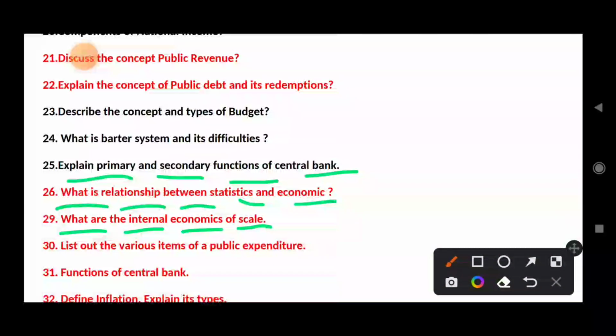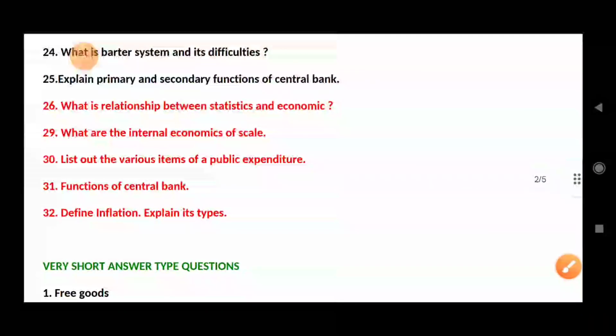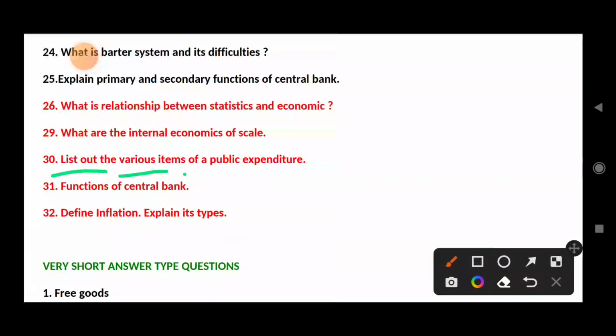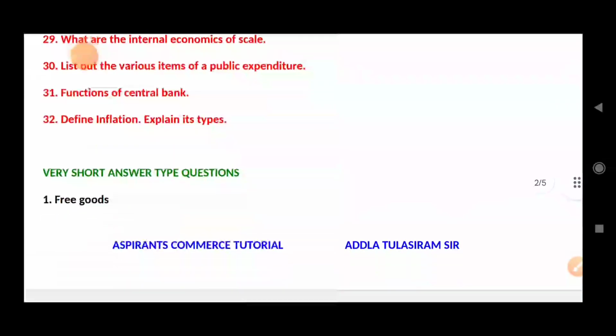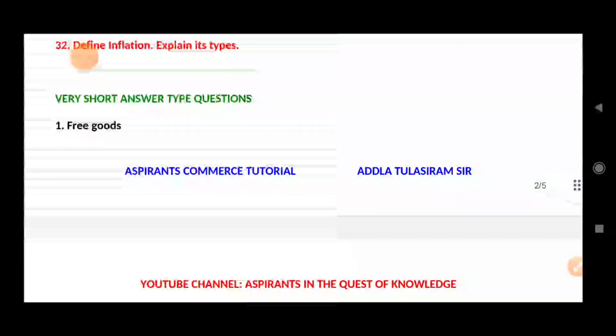External economies, internal economies, both will be asked. And list out the various items of public expenditure. Functions of central bank. Define inflation, explain its types. These are very important questions relating to short questions relating to economics.